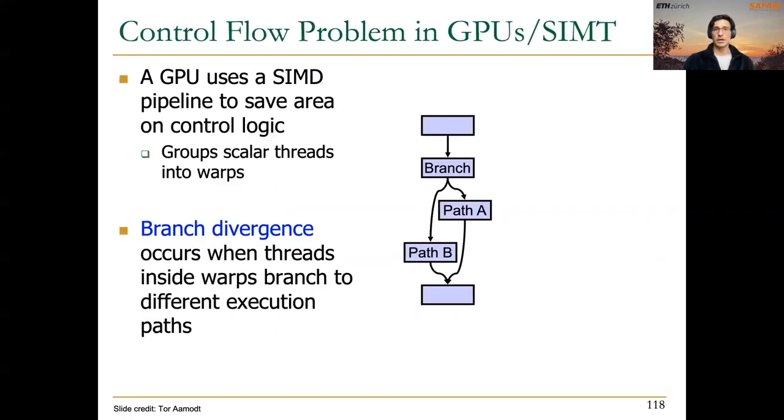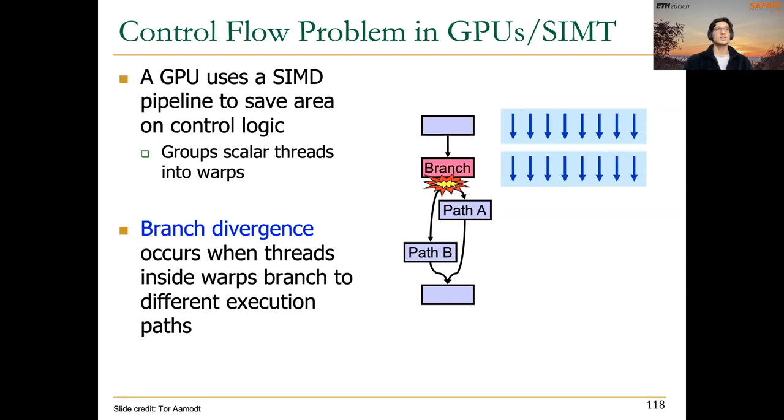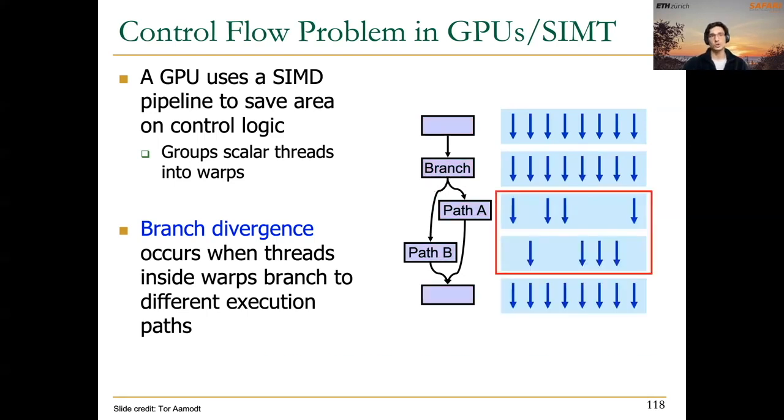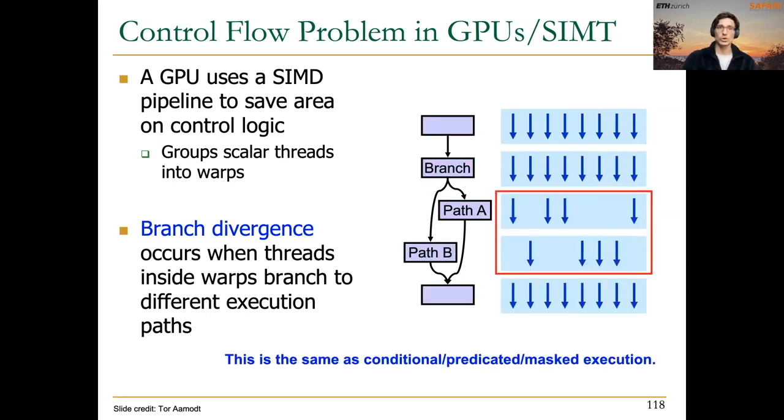Well, the idea to handle this divergence, which we normally call warp divergence or branch divergence, is by using predicated execution in the same way as we saw in the SIMD part of the lecture.